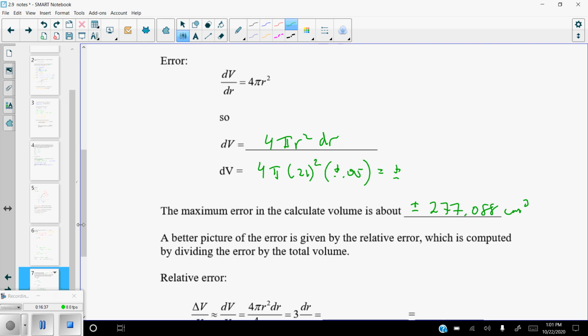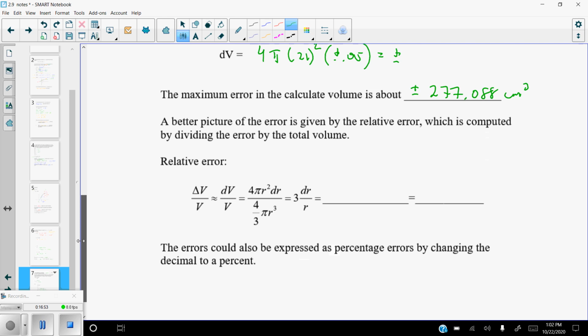Well, a better picture of the error is going to be what's called relative error, which is computed by dividing the error that we found in volume by the total volume, the total volume that we anticipated it to be based upon our measurement.